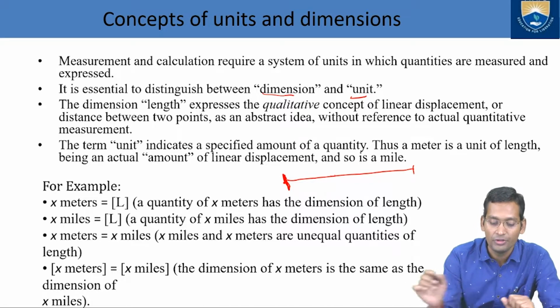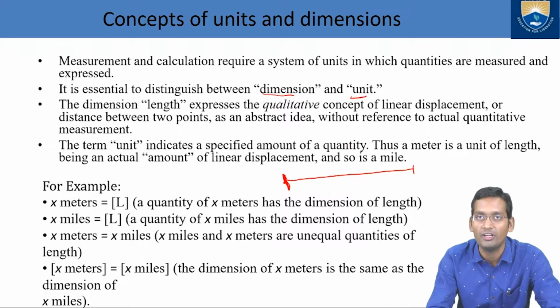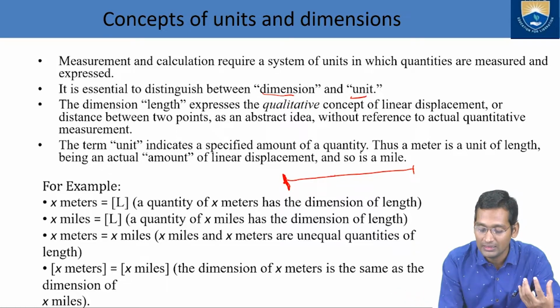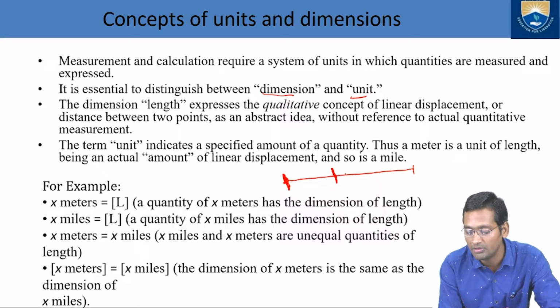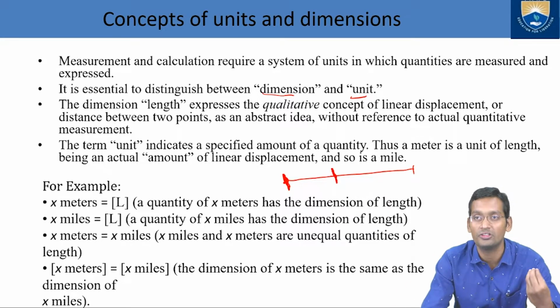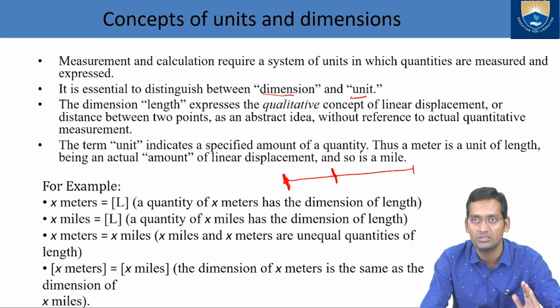Now the next is unit. That shows the specified amount of quantity, like at the start we mentioned 2 kg, 2 gram. That is specified, that is fixed. In dimension, we can change our reference point and measure from here to here. But in the case of unit, we cannot. It's not like that. First you ask, give me 100 gram, and then you say, no, from that just remove 10 gram.